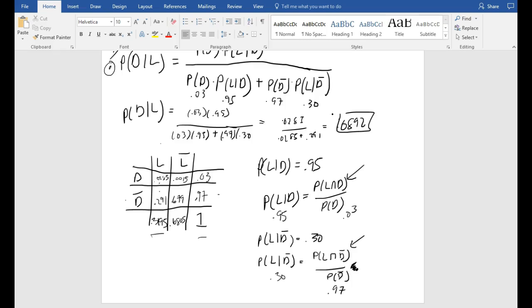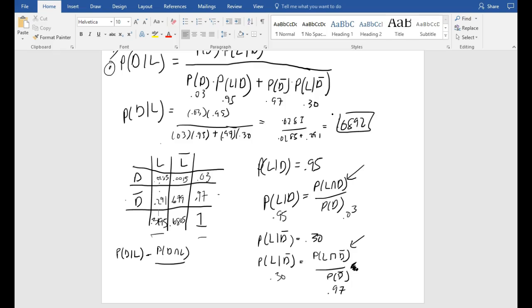All right. So if we would like to know what our answer is for A, as you can guess by my lead up to this, we know we're going to get this right. The probability of D given L is equal to the probability of D and L all over the probability of L. This is just our general conditional form.